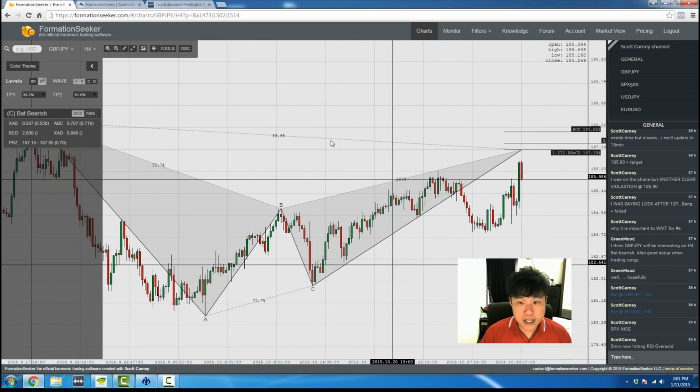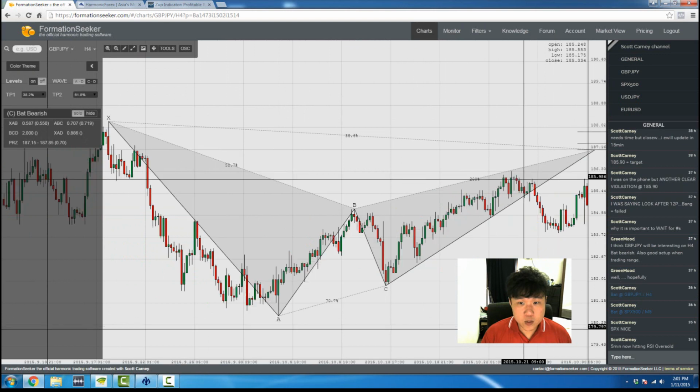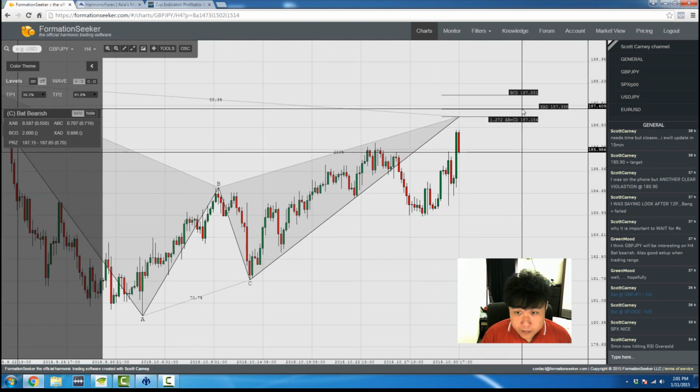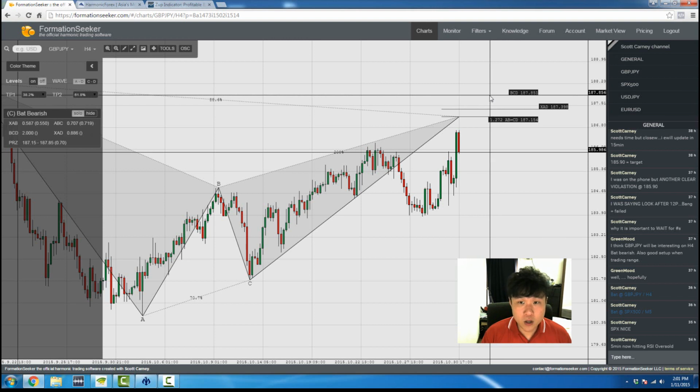So these are setups that have yet to complete, and next week, if we see the sterling yen go up to around 187.40, this will be the level that we are looking to go short on the sterling yen, and we will have our stop loss at 1 ATR above the high of this Fibonacci extension.